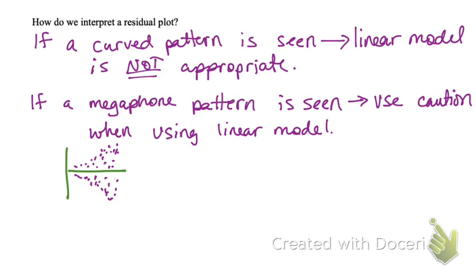And so that just tells us that we need to be cautious about using the linear model because it might not be doing a very good job of making a prediction on the higher end. Okay, so you literally can just say there's a megaphone pattern, use caution. Not saying the linear model's terrible, it's just not going to be the best for those big values of X.